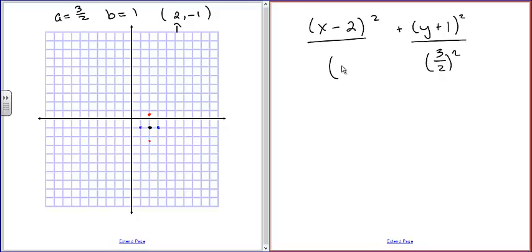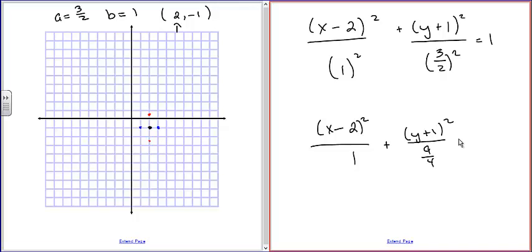And here we have 1 squared. And that whole thing equals 1. So the final answer is x minus 2 squared over 1 plus y plus 1 squared over 9/4 equals 1. And that's the answer.